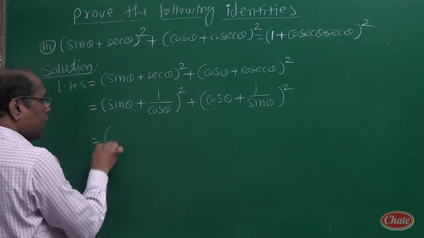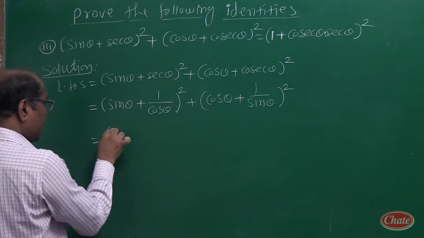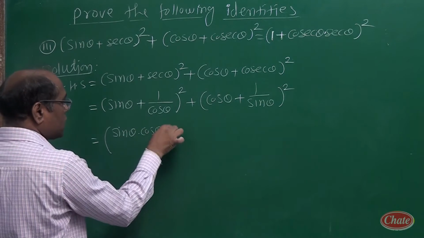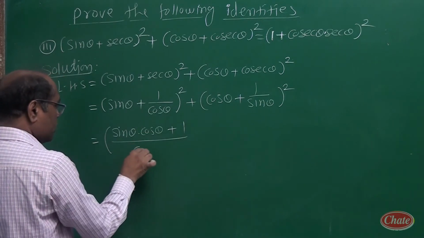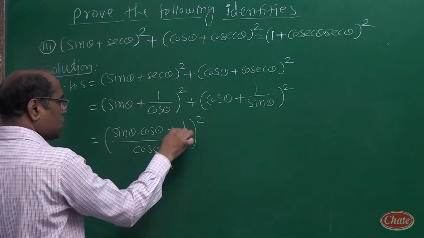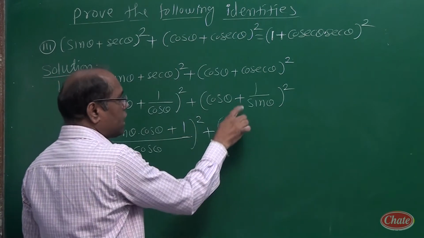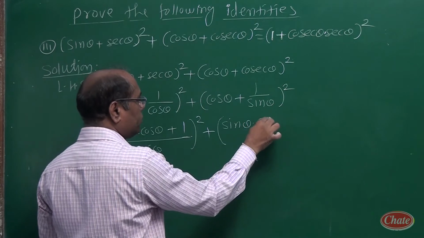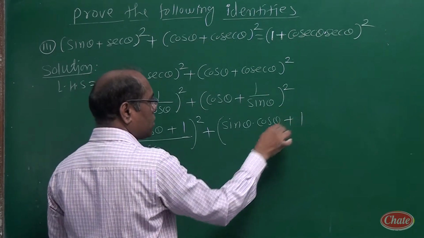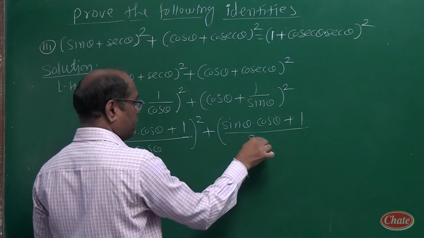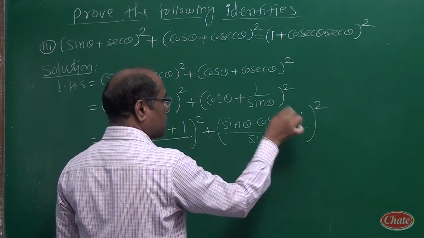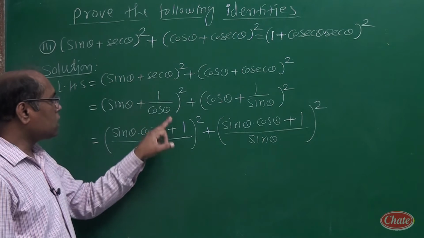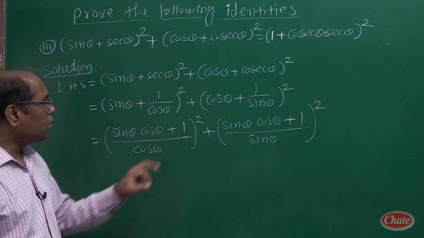Taking the cross multiplication, we get (sin θ cos θ + 1) divided by cos θ, whole squared, plus, taking the cross multiplication here also, (sin θ cos θ + 1) divided by sin θ, whole squared.